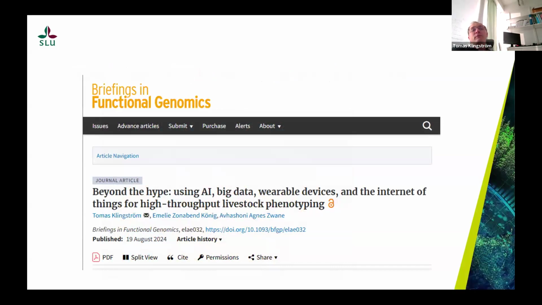Because what we had as the first question was, what technologies are available for low-income countries when it comes to high-throughput phenotyping? And working on the article, I realized that the theoretical basis for phenotyping makes it very difficult to give a comprehensive overview.